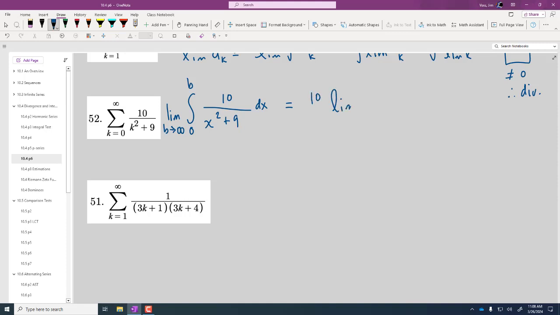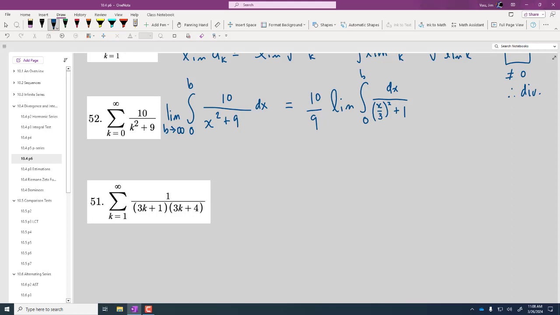The 10 is in the numerator. And what are we going to factor out of the denominator? I'm going to factor out the 9, and then that's going to put it in inverse tangent form. So then we're going to have x over 3 squared plus 1. Now it's in arctan form.